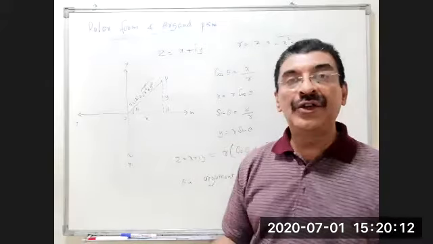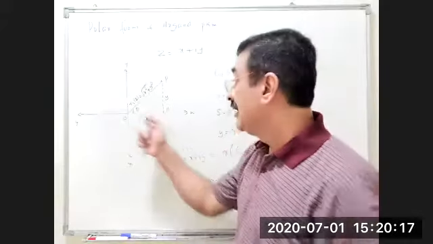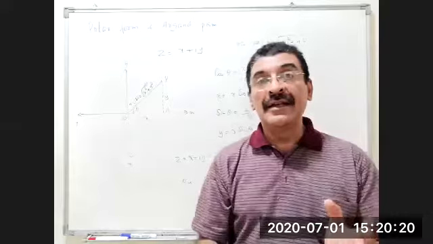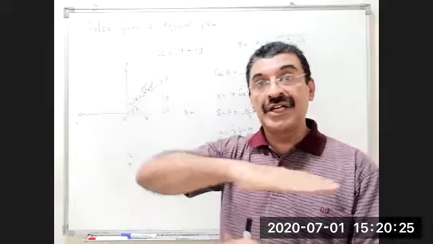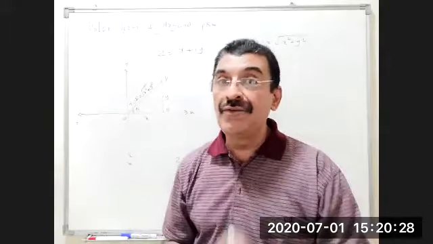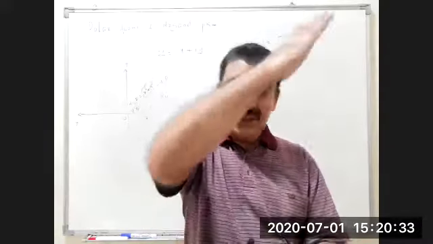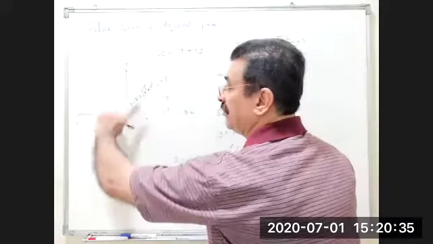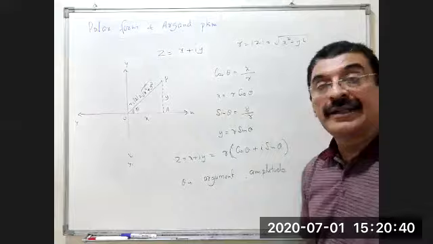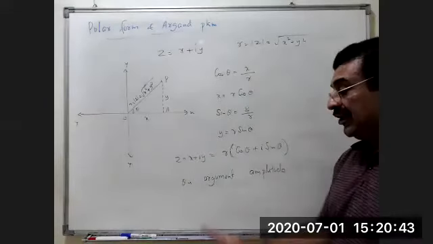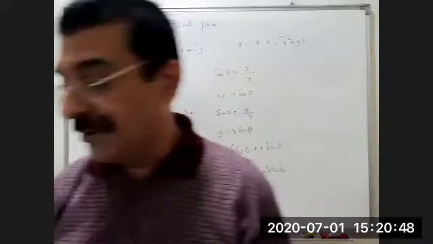Argument means the angle made by this line OP with the x-axis, measured in the positive direction. Positive direction means from the x-axis anti-clockwise, and negative means clockwise. That is theta, called the argument or amplitude. We write arg z.